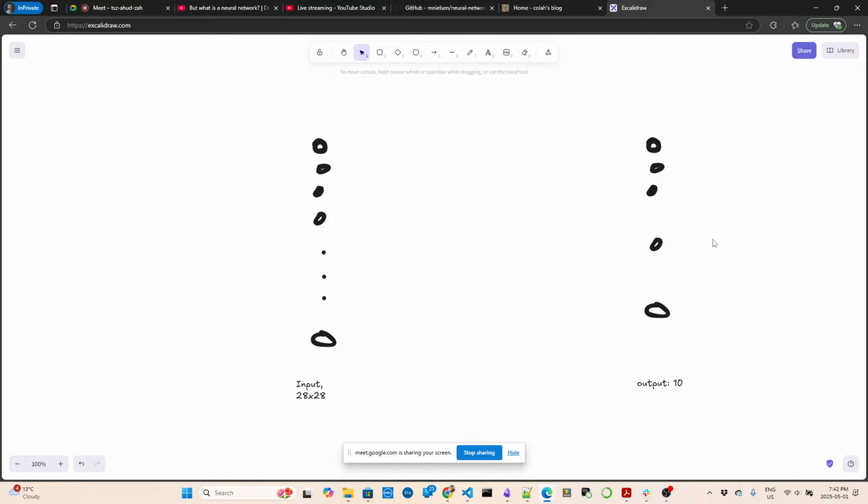So if you write the number 6 or whatever number, then it is essentially the pixels in that grid of 28 by 28 being fully white or fully black, depending on how you see it, and some others being slightly grayscale.